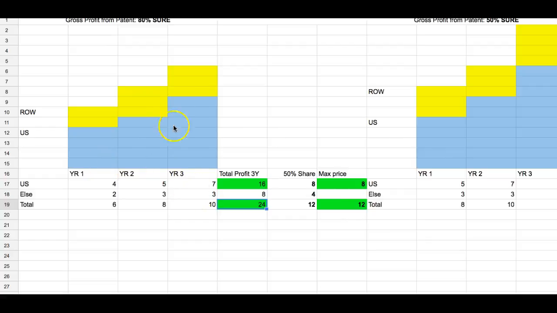In this case, for the global patent, that's here in yellow, the US patent is here in blue. What does 50% share mean? 50% share is basically, if I share 50% of my profit with the patent holder, then I would end up paying $12 million in this scenario.